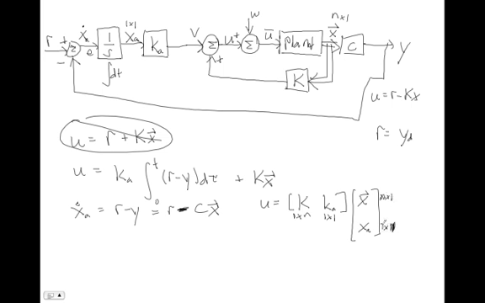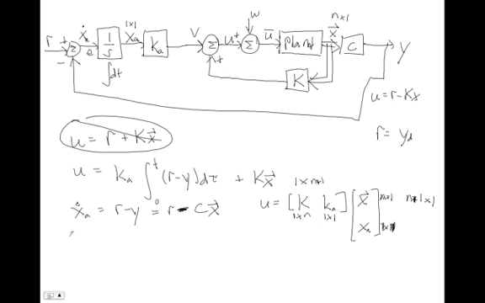So now we have basically a 1 by n plus 1 matrix, and an n plus 1 by 1 vector. So we've just added one state to our existing state vector, and we've added one gain to our existing gain matrix. So we've grown our system by 1.